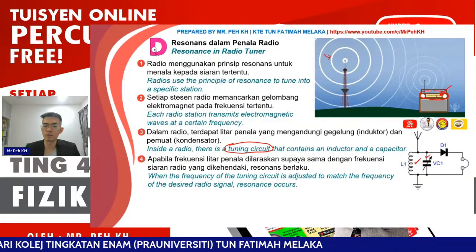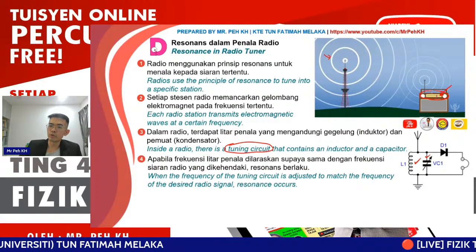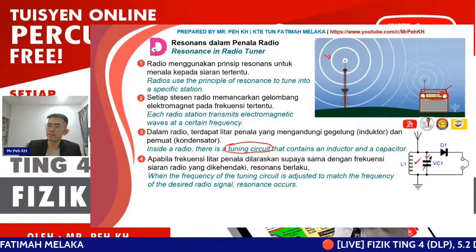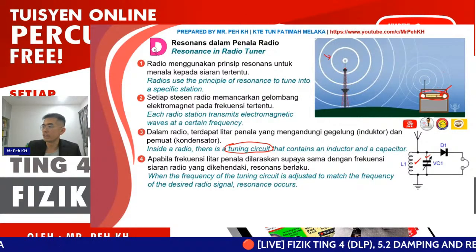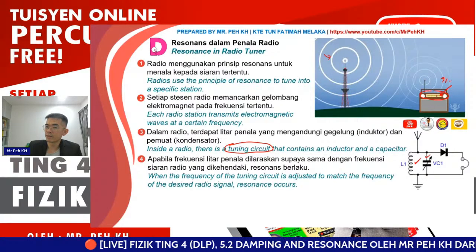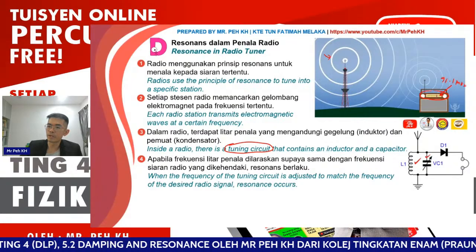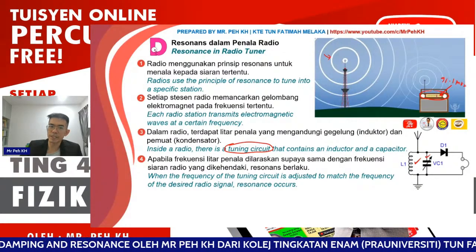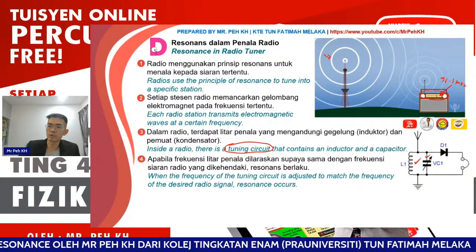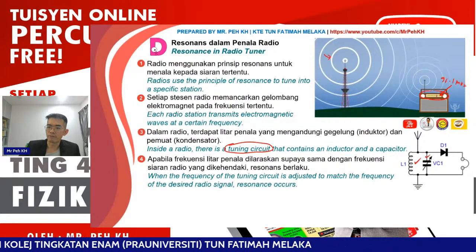Just imagine that you are tuning the radio tuner to a certain frequency. For example, you want to listen to Mix FM 91.1, right? The 91.1 megahertz that you adjust at the radio tuner lets you hear the radio wave which has the same frequency.